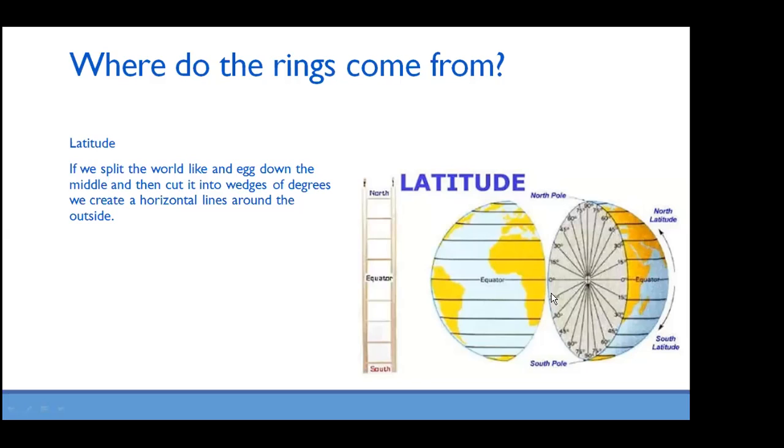We take the middle line as 0, and we go 90 to the North Pole, and we go 90 to the South Pole. So we're not going to get a latitudinal reading of above 90 degrees.